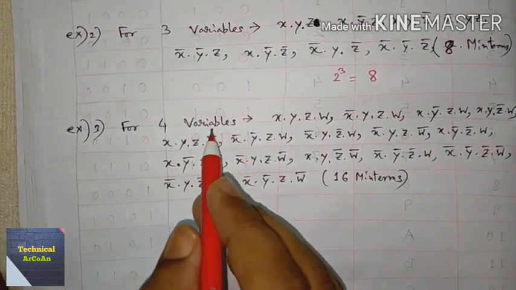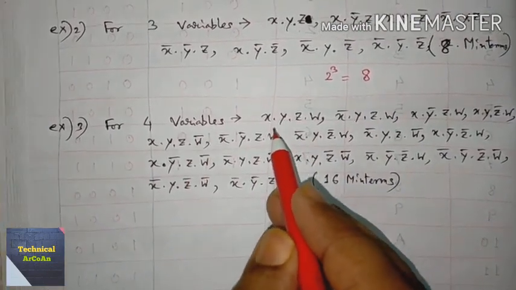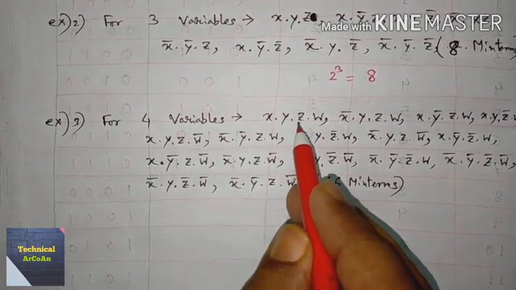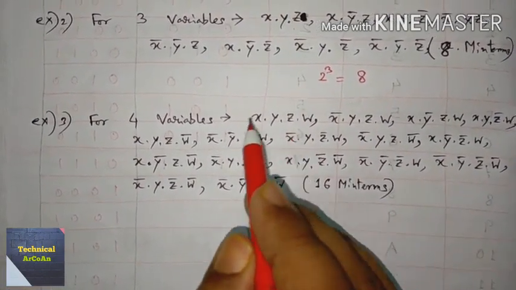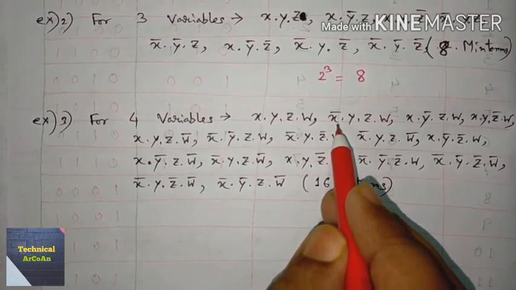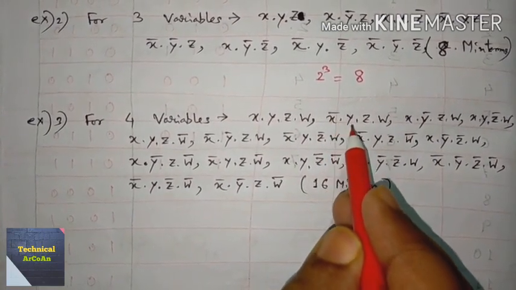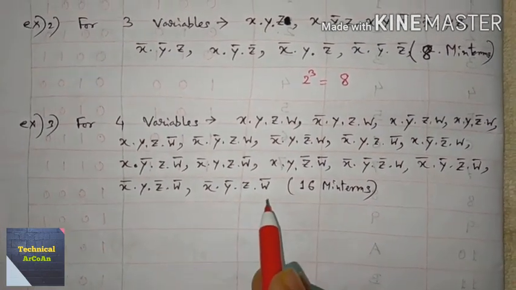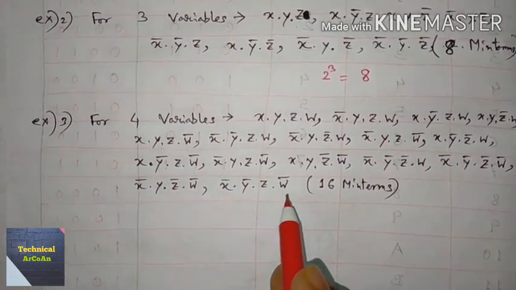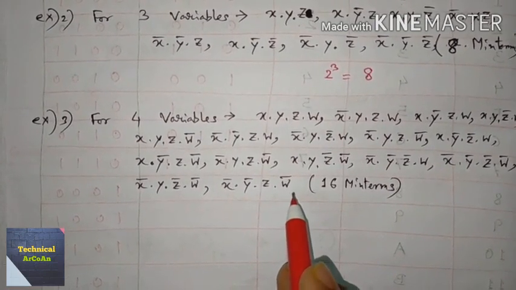Now for the four variables, the min terms are like that: x dot y dot z dot w, where we take these four as variables. Okay, the next term may be like that: x complement dot y dot z dot w. In that way the rest, a total of 16 min terms will be there for four variables.